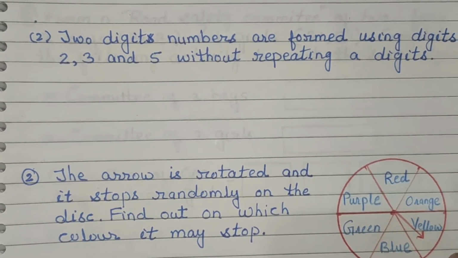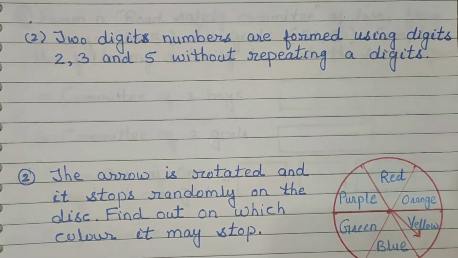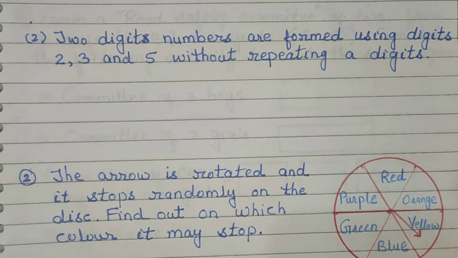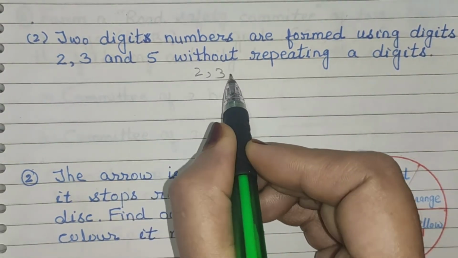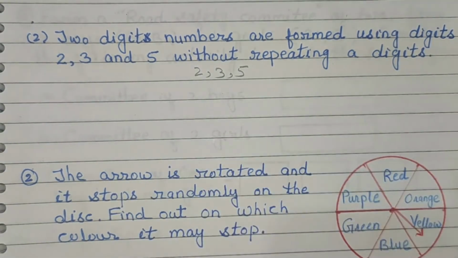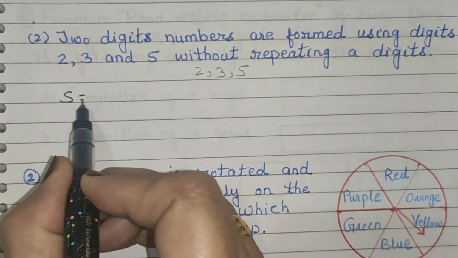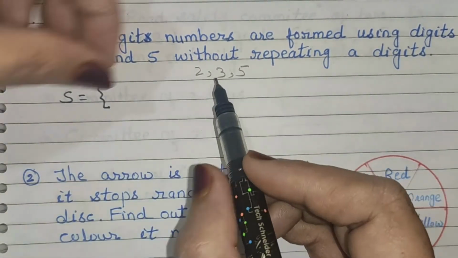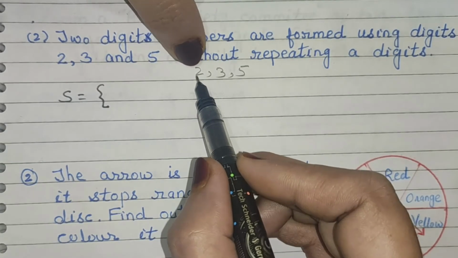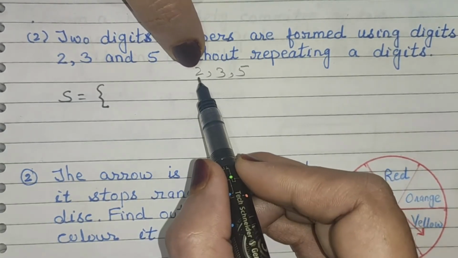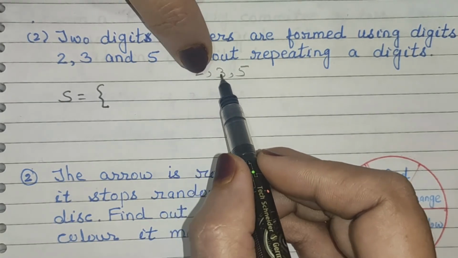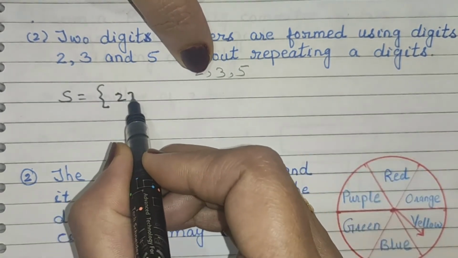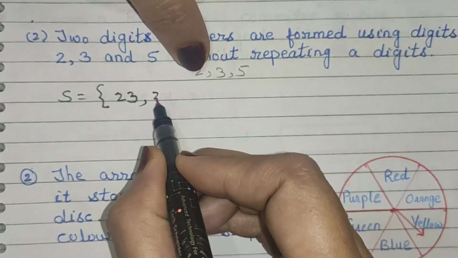Next question is, 2-digit numbers are formed using digits 2, 3 and 5 without repeating digits. Now digits are 2, 3 and 5. Therefore write down here sample space S is equal to, now starting from 2, no repeating a digit. Therefore next number is 2 with 3, 23, 2 with 5, 25.